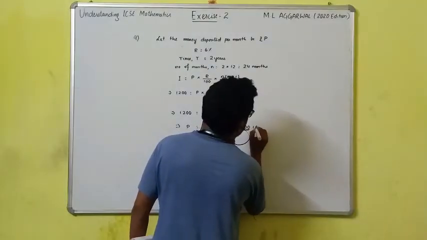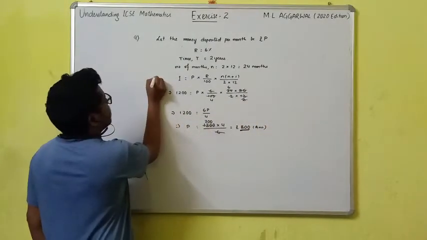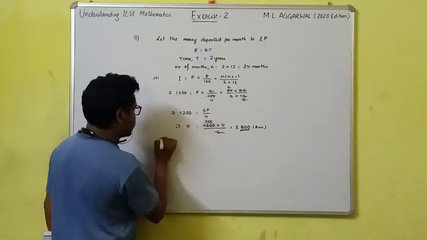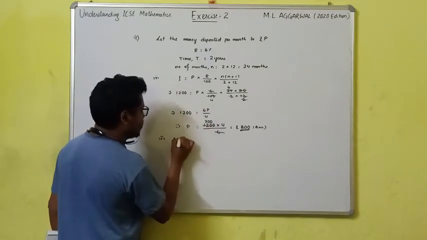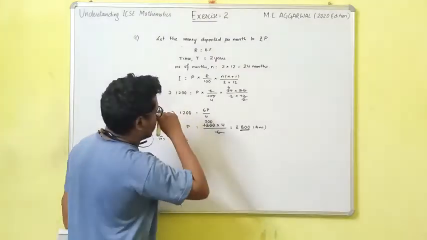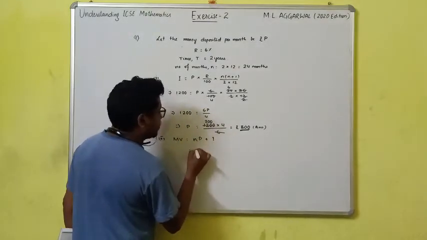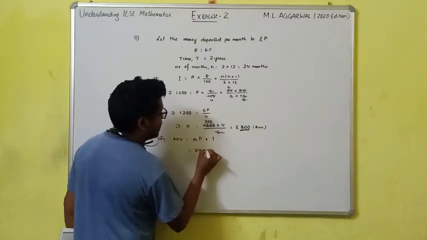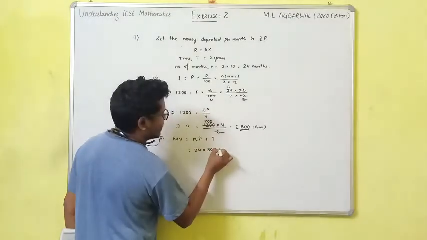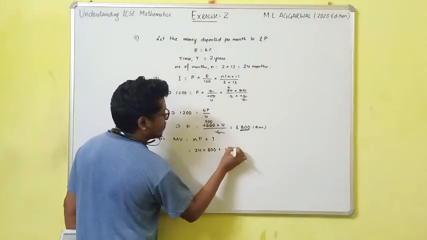Then what you have to calculate next? The first part you have completed. For part number 2, you have to calculate the maturity value. Maturity value is equal to nP plus I. So n you know is 24, P is equal to 800, plus your interest is equal to 1200.